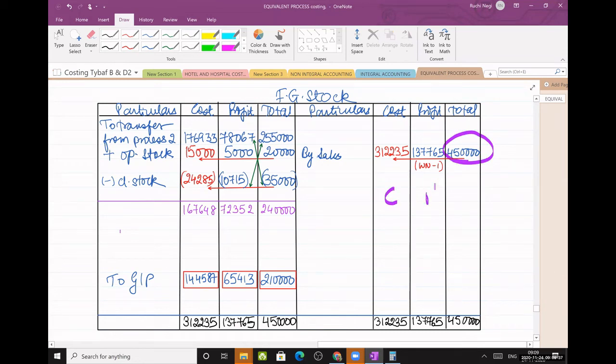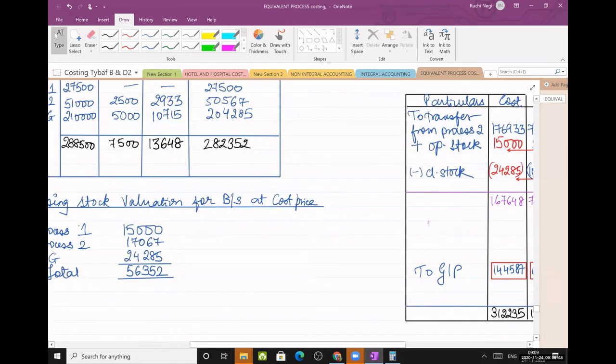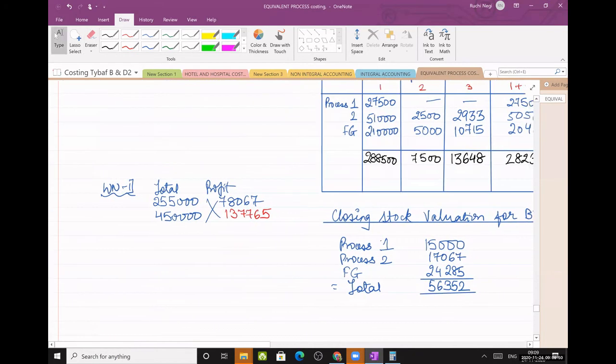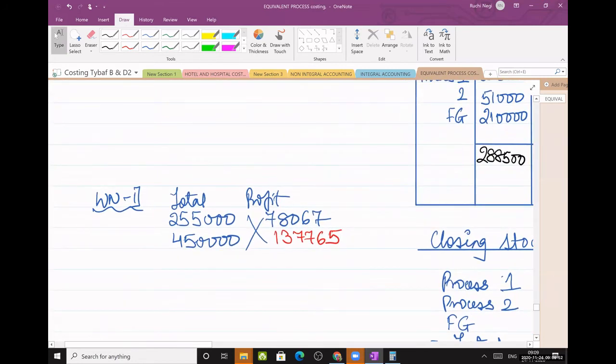So C plus P is equal to S. If you have either one of them, you will get the other. Just trying to relate it like this. So do this working for calculating the profit element in sales.